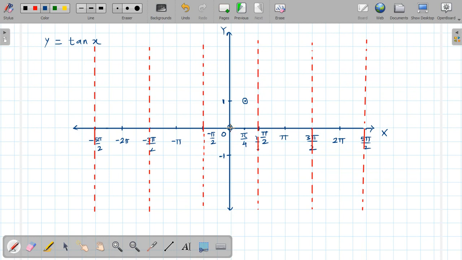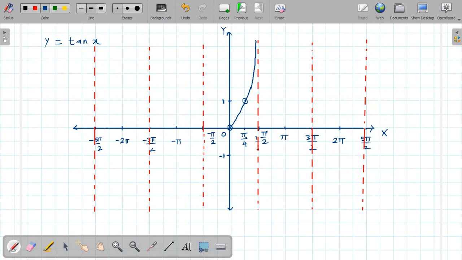So if you want to join these, then from 0, tan 0 is 0 and then tan pi by 4 is 1. So we have to show the graph like this. It increases, it reaches 1 where tan pi by 4 is 1, and then it reaches infinity like this. So it must be increasing, and whenever x reaches pi by 2, the value will be infinity.